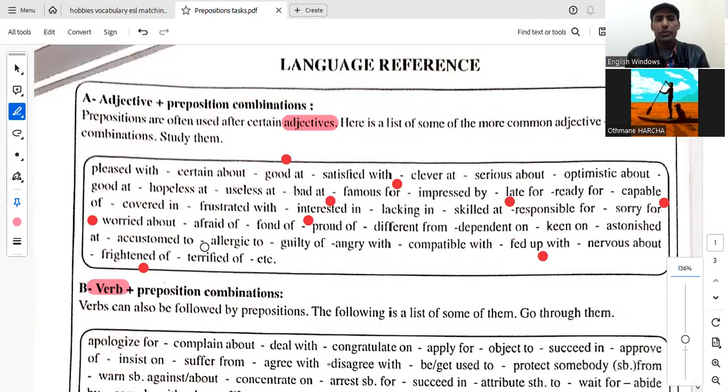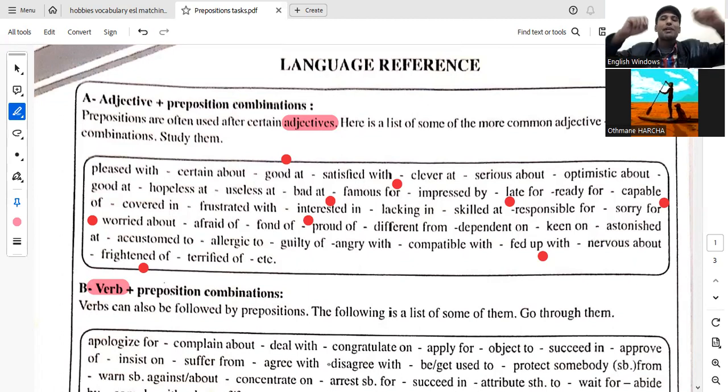What does it mean, pleased with? We need to explain the meaning of these adjectives together with their preposition. I say, I am pleased with my mark, with my score, with my mark in English. I am satisfied.